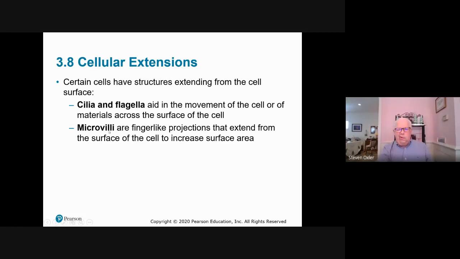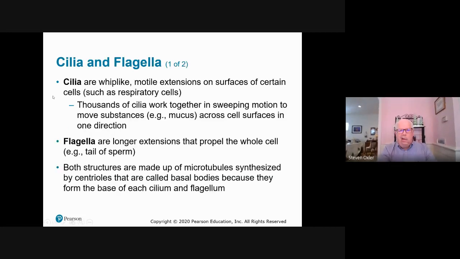Another structure formed by the centriole or centrosome is called microvilli. Microvilli are finger-like projections that extend from the surface of the cell to increase the surface area. These microvilli are in your small intestine so that you can absorb the nutrients that you eat. Microvilli. Here you go.